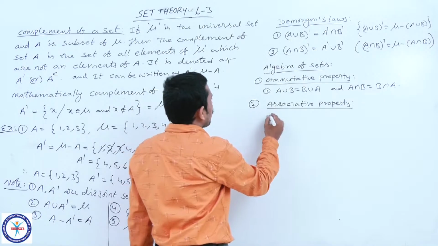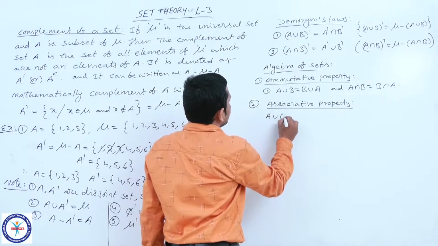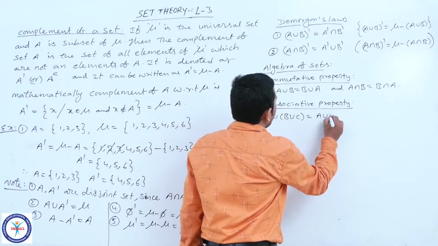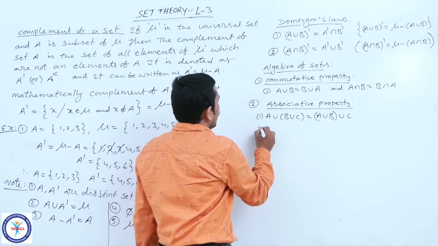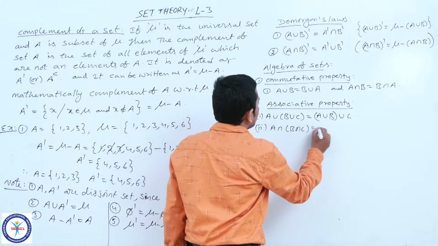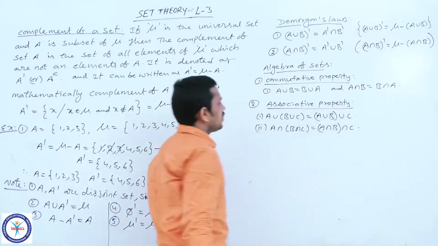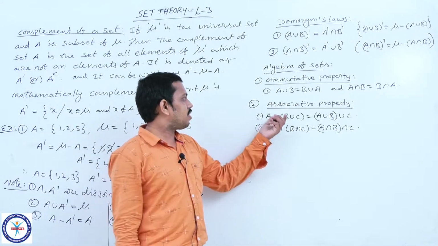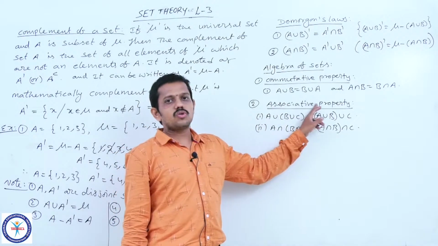What is the associative property? A union B union C is equal to A union B union C, and A intersection B intersection C is equal to A intersection B intersection C. These two are called associative properties. So therefore union and intersection follow the associative property.